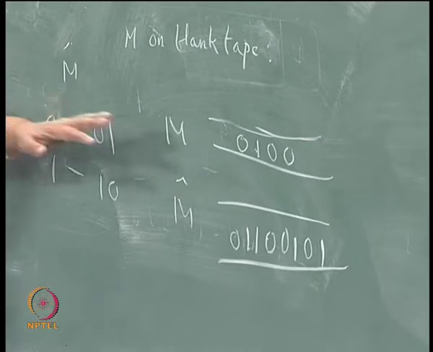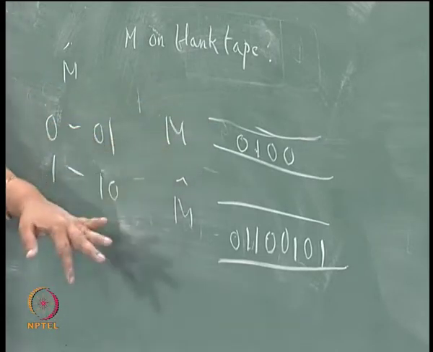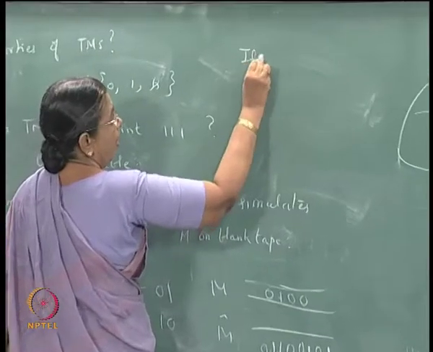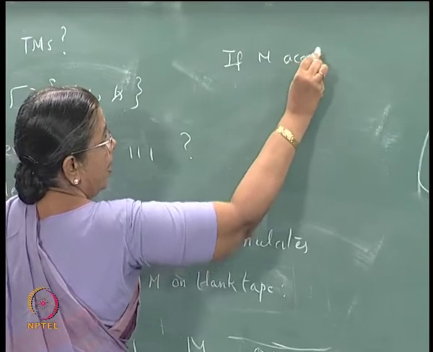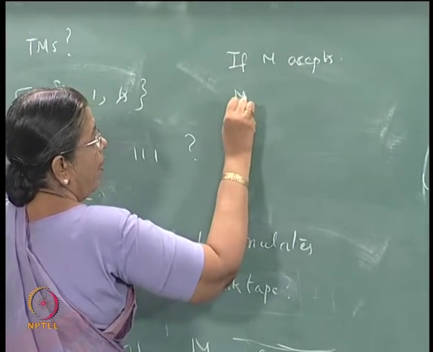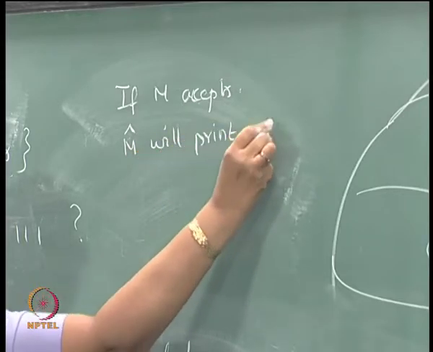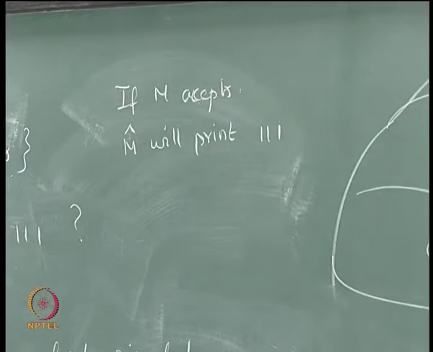If M accepts and halts, M cap will print 3 ones. So, if the problem whether a machine will print 3 consecutive ones or not is decidable, you can start M on blank tape and see whether it will accept or not.